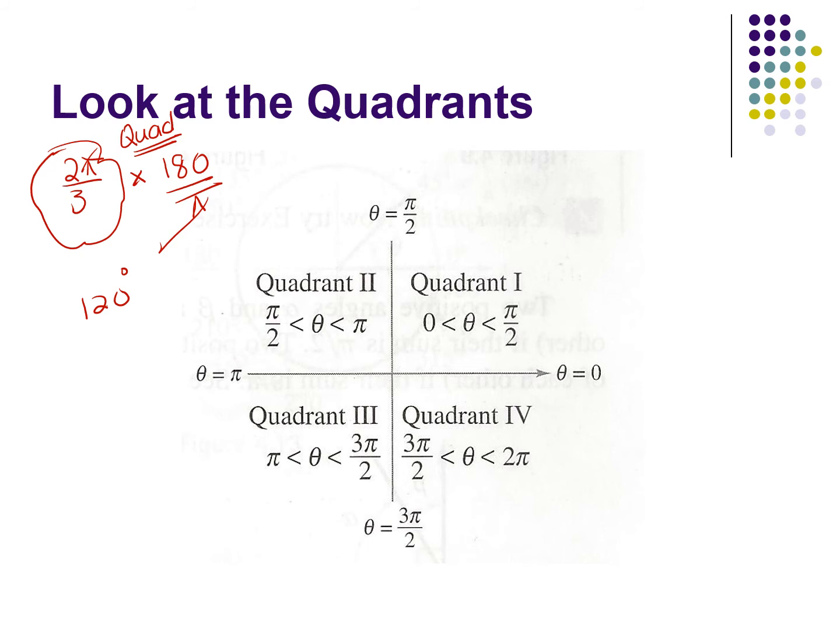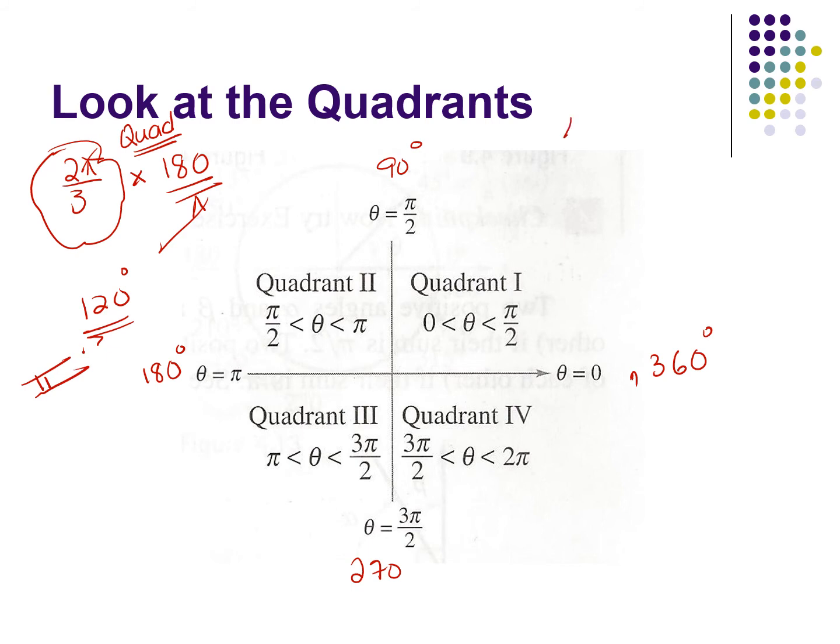Now we know this is our 0 degree, this is 90 degrees, here we have 180 degrees and here 270, and coming back to the standard position after one revolution it is 360 degrees. Now you have 120 degrees, so by converting into degrees, you can easily say that this is the second quadrant.